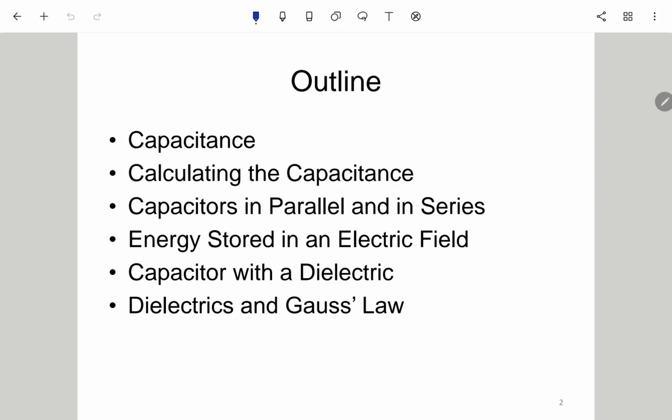But for this course, when we talk about the dielectric, we will not go very deep. We just mention it in a very simple way. And then of course we will talk about the dielectrics and the modification of the Gauss law.